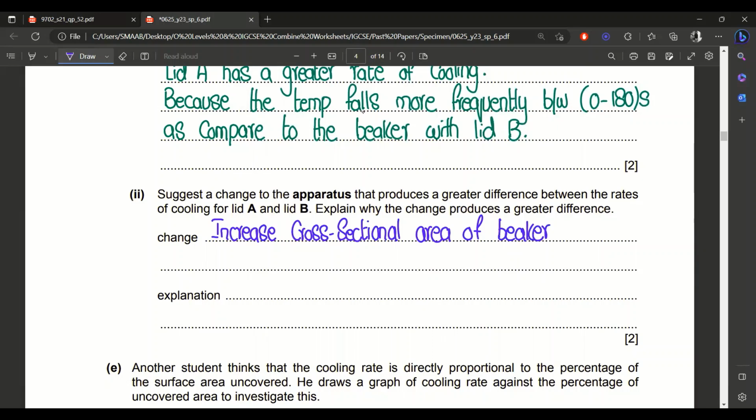And if we talk about the explanation, we know that increasing the area will increase the rate of evaporation, right?